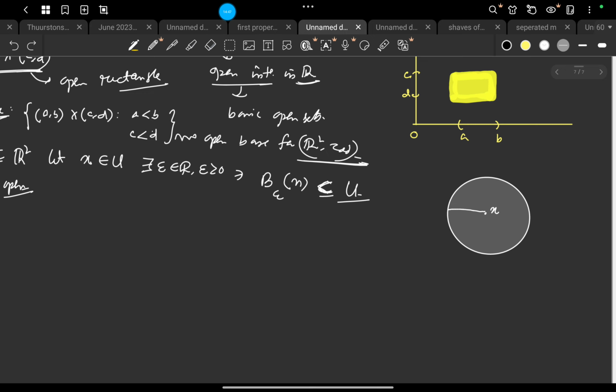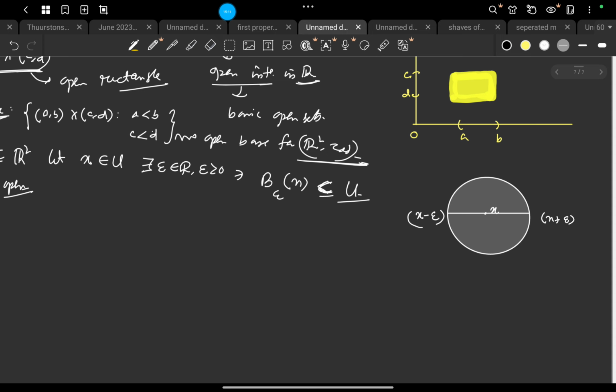If I consider this particular line passing through x, this is x minus epsilon, this coordinate is x plus epsilon.